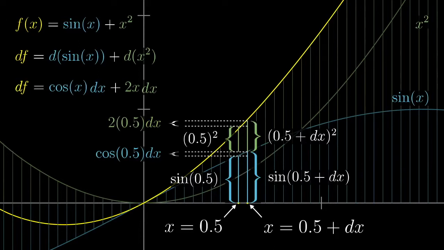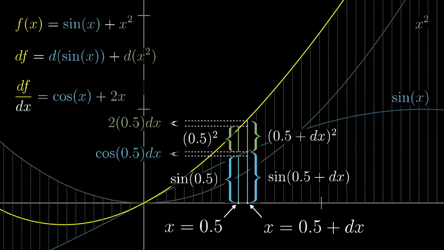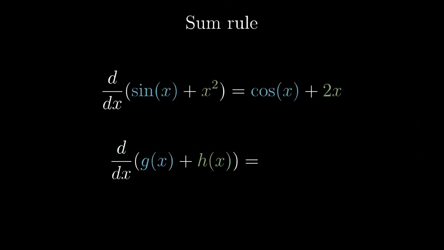So, rearranging, df divided by dx, the ratio of the tiny change to this sum function to the tiny change in x that caused it, is indeed cosine of x plus 2x, the sum of the derivatives of its parts.